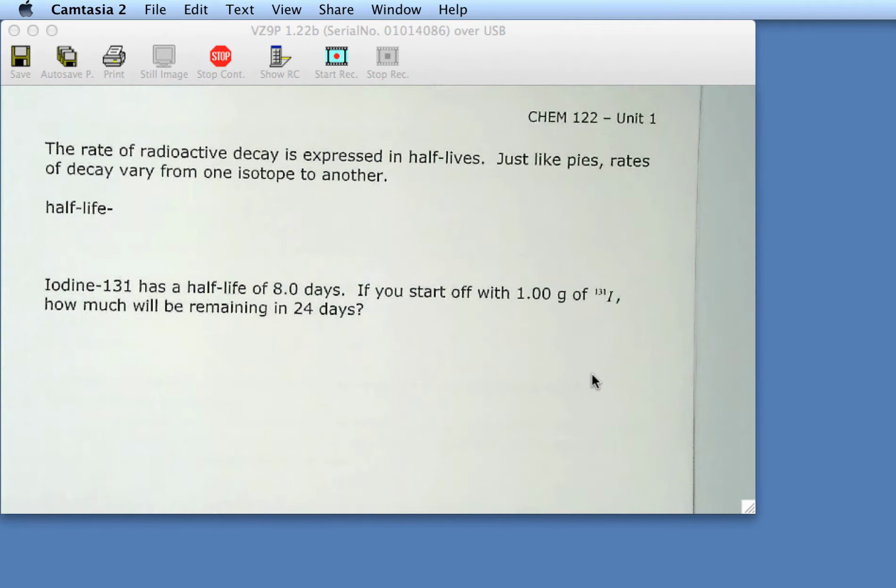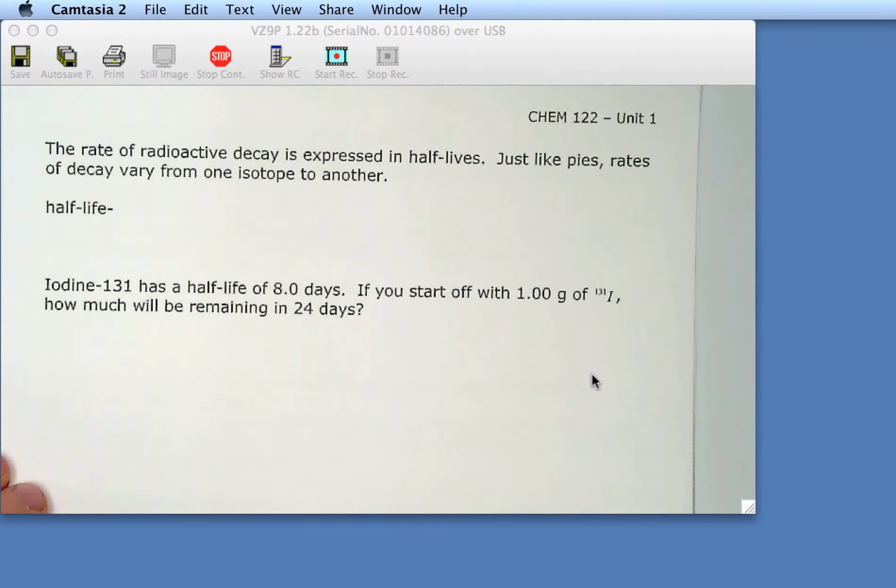So the rate of radioactive decay is expressed as half-lives. Just like pies, rates of decay vary from one isotope to another. Remember, we're talking about radioactive elements. These are unstable. So when you go buy a bucket of a radioactive chemical and it's shipped to you, it's not going to be that original amount that you purchased because it's going to be decaying.